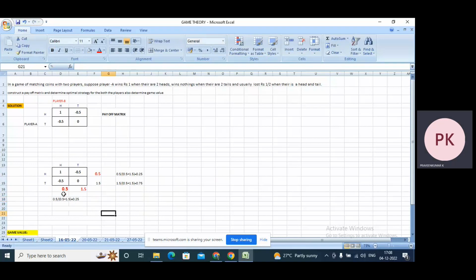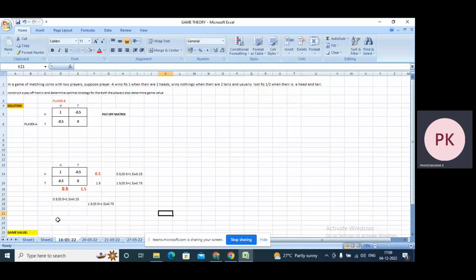This is the optimum strategy for this one. Similarly for this one, the optimum strategy is 1.5 divided by the sum of 0.5 and 1.5, so 1.5 divided by 2. 1.5 by 2 is 0.75.